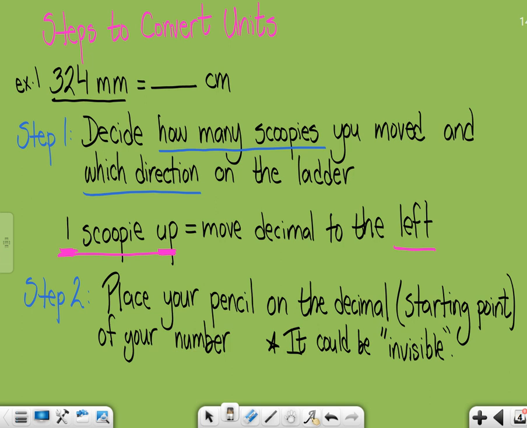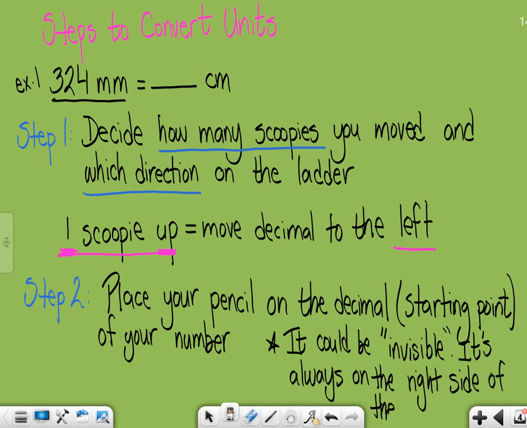It may be invisible, and we'll look at what that means. But just remember, it is always on the right side of the ones.